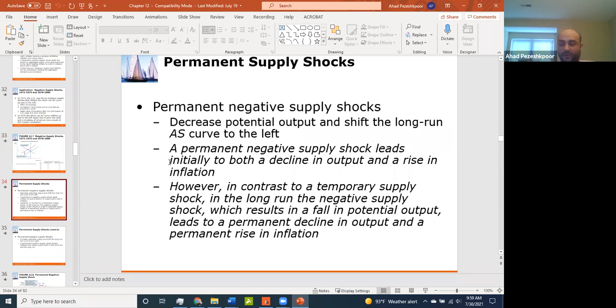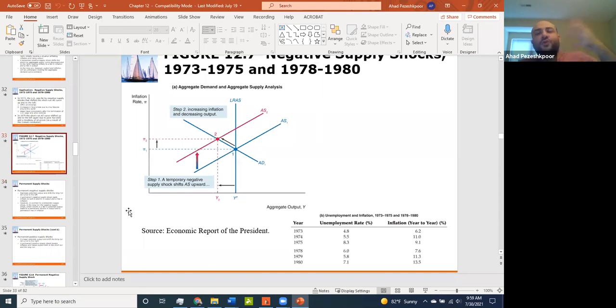If we don't grow our economy and if we don't change towards renewables, and renewables aren't developed enough to replace the fossil fuel industries, it will be a permanent negative supply shock, which would decrease the potential of the economy by hurting the natural capital of the economy, for example, by not letting us drill for more oil in the ground.